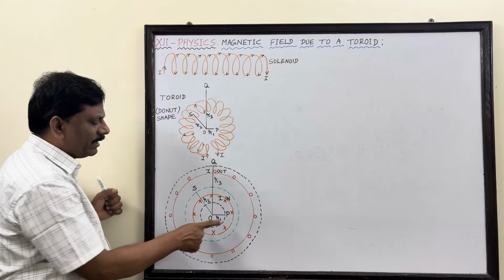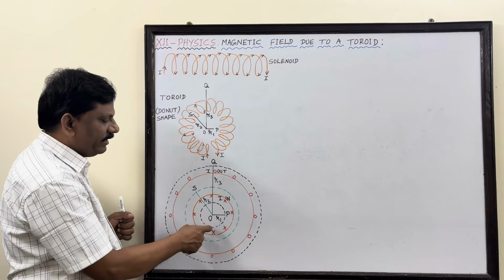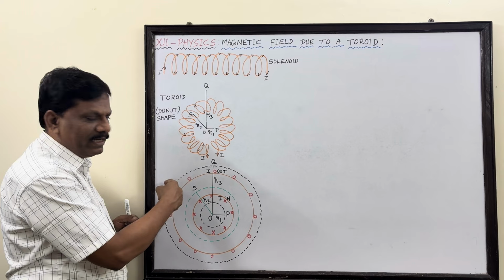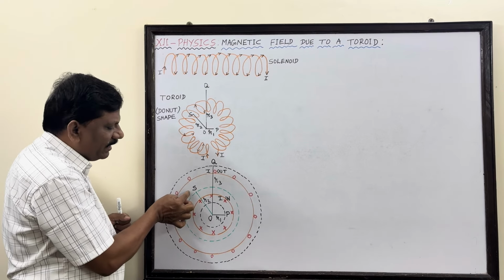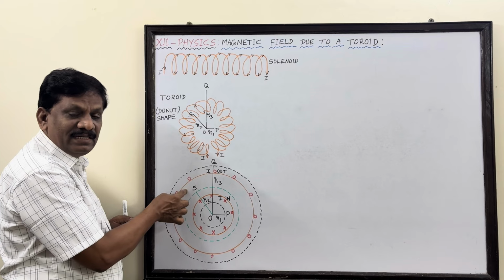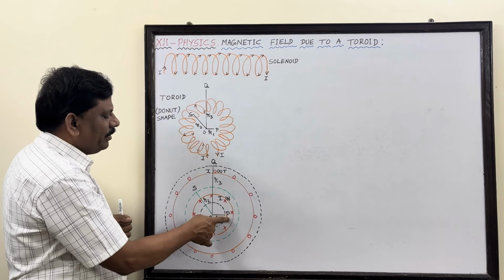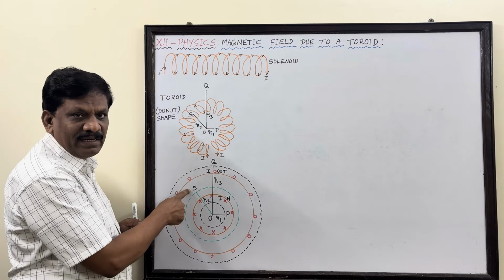Now I have taken the point P in the interior space of the coil and Q in the exterior space of the coil, and S between these two, that is inside the coil. So these points are P, Q and S that I have taken.